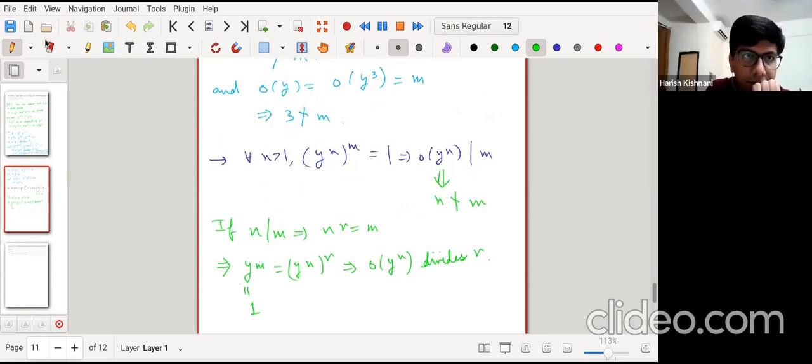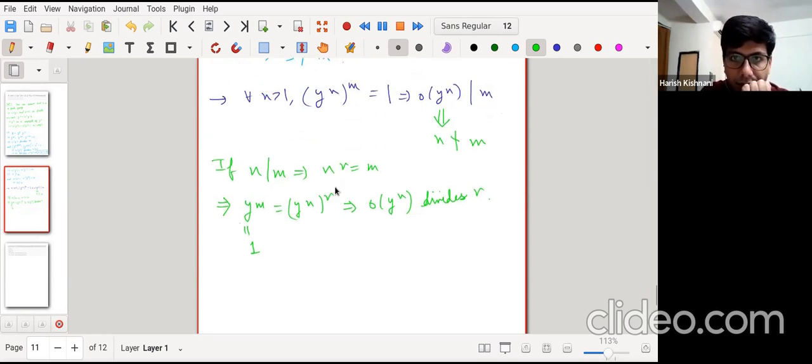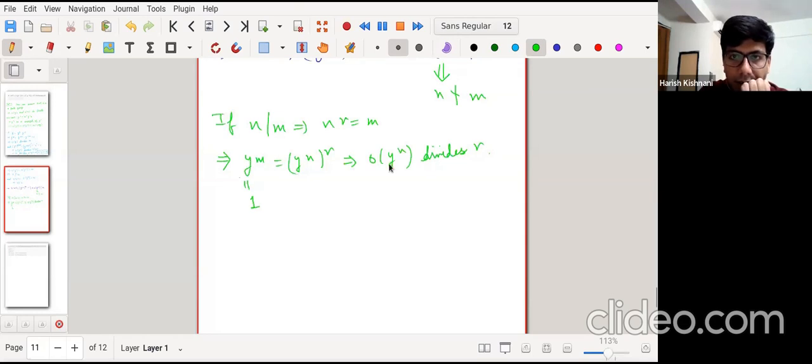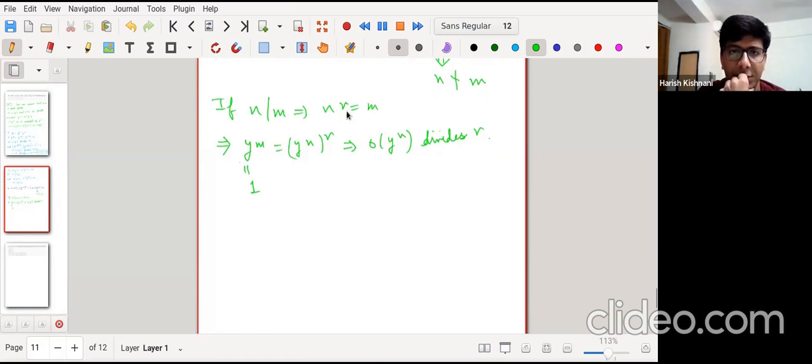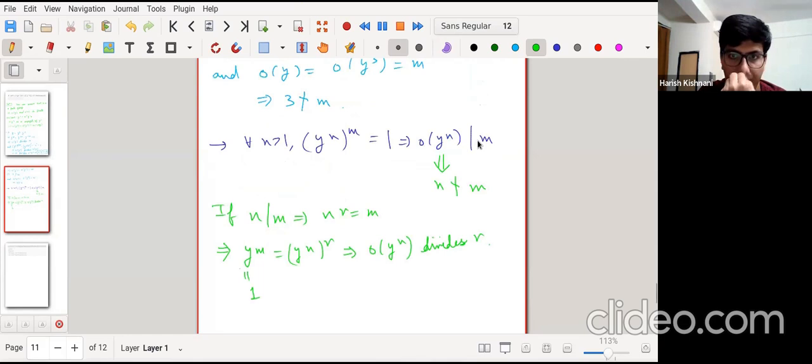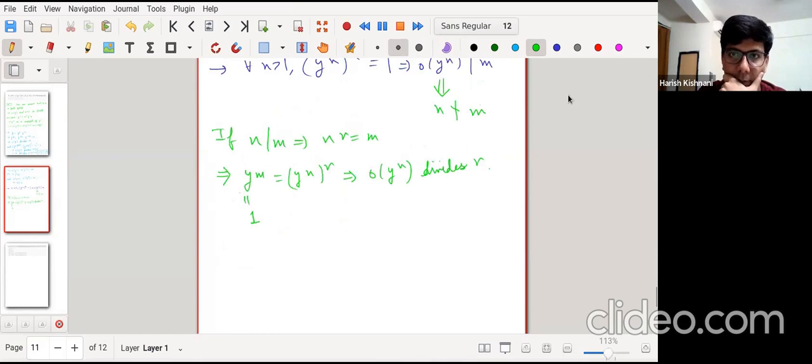So if n is prime, then n divides m. That implies that n r is equal to m. So y^m is (y^n) raised to r. So y^m is identity. That implies that the order of y^n divides r, but the order of y^n is already a divisor of m also, right?